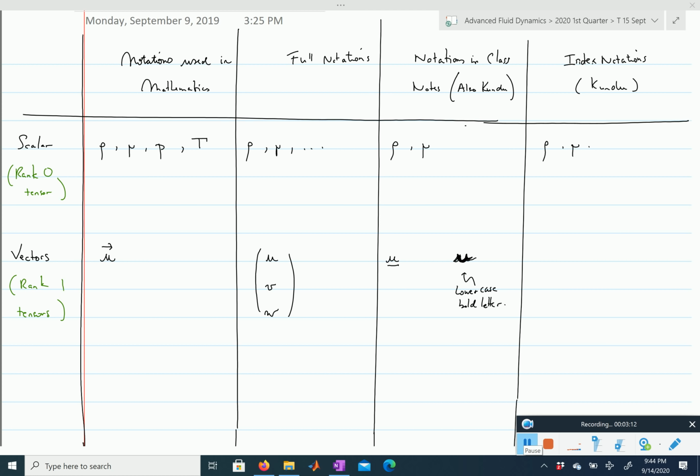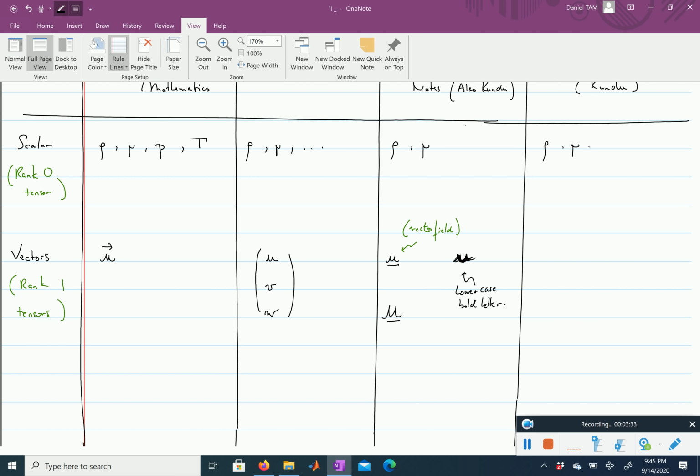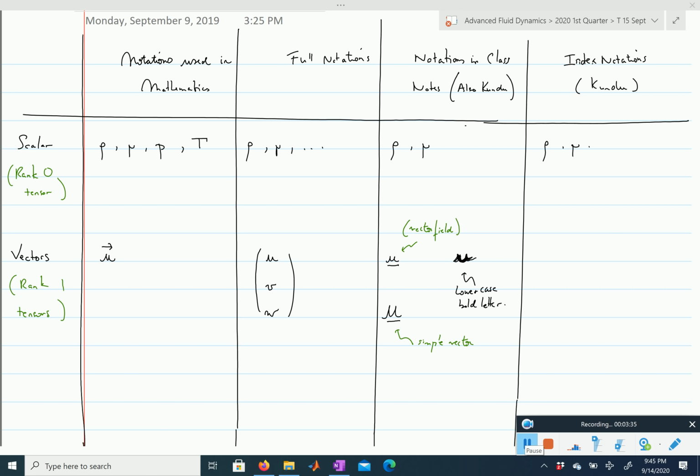Usually in IFD, if I'm writing a lowercase letter with a bar underneath, that means that this quantity here is a vector field, so it's defined at every location. And if I'm using a capital letter with a bar underneath, then it's a single vector. So for example, a capital U could be the velocity of an object.